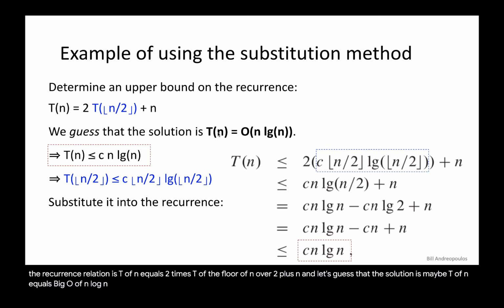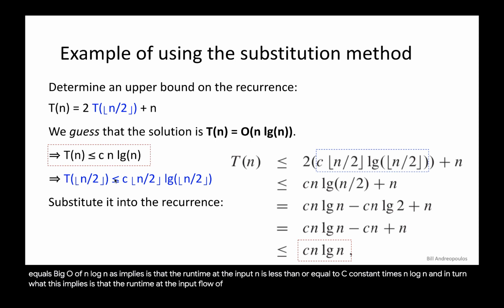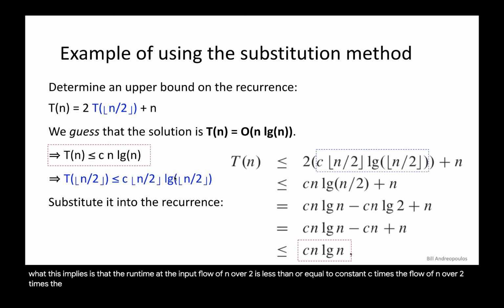What our guess implies is that the runtime at input n is less than or equal to a constant c times n log n. In turn, this implies that the runtime at input floor(n/2) is less than or equal to c times floor(n/2) times log of floor(n/2).